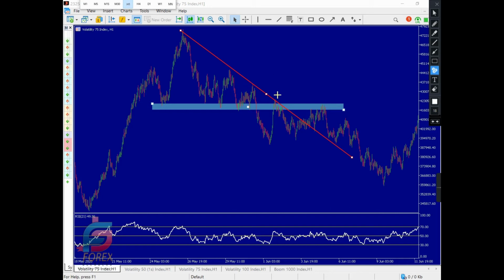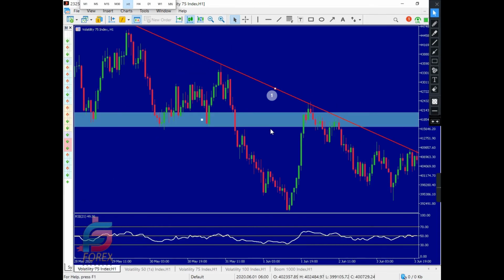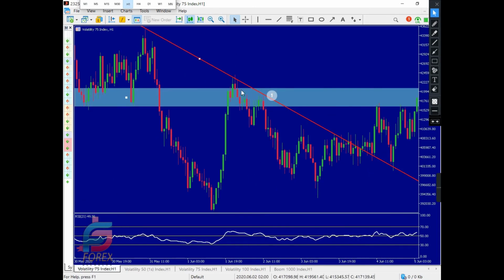So once we have that, we are looking to sell at this particular area. So this is the area we are looking to sell. What are we going to look for there? We need a rejection, a candlestick pattern, anything that is good.